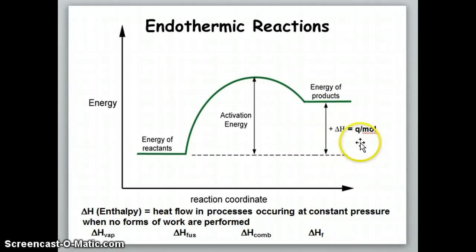Now, one value that you're going to start calculating is something that we call delta H. Delta H stands for the change in enthalpy. And enthalpy is basically the heat flow in processes that occur at constant pressure when no forms of work are performed.